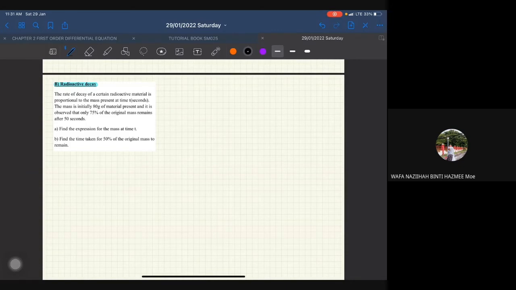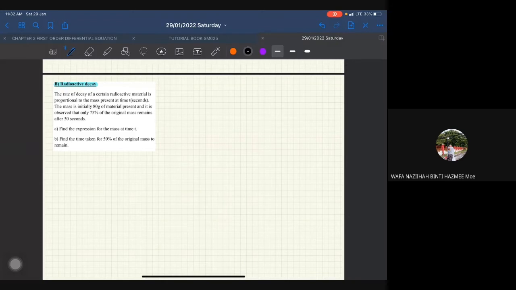Okay, so radioactive kata kunci kat sini adalah decay. So kalau decay, dia increase ke decrease in mass ataupun volume? Dia bertambah ke dia berkurang as time goes by? Decrease ke increase? Macam duit kita.